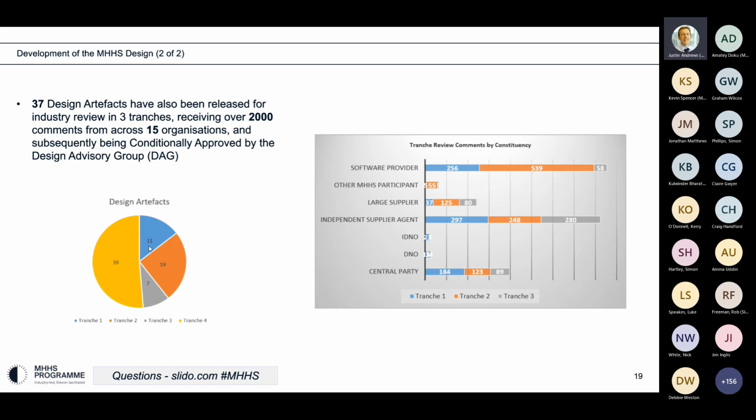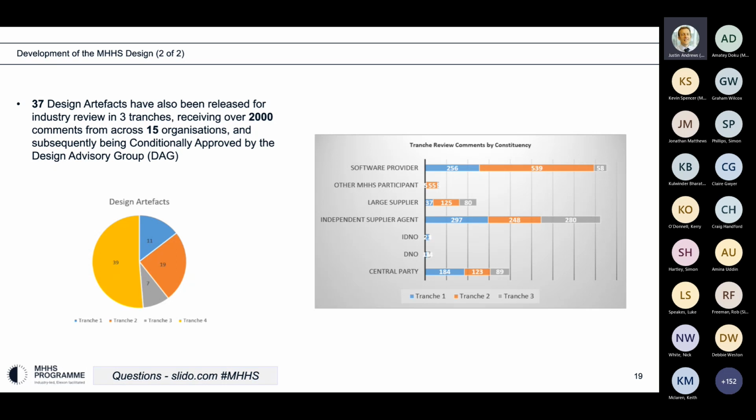You can see how that pie chart is broken down by the various different tranches. Obviously, tranche 4 has just now been released, with all the other updated tranche 1, tranche 2, and tranche 3 artifacts.